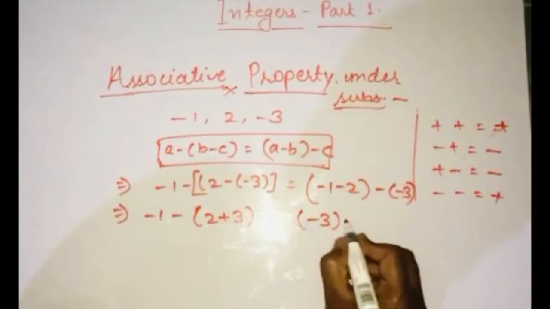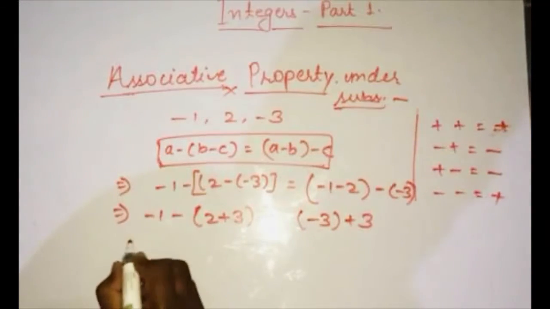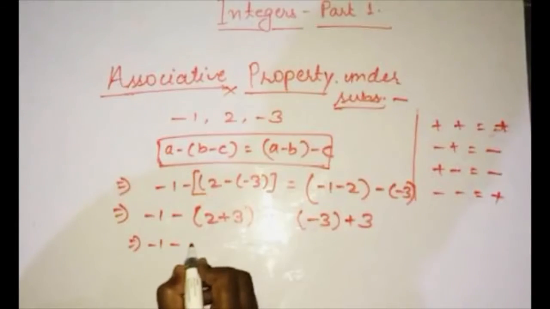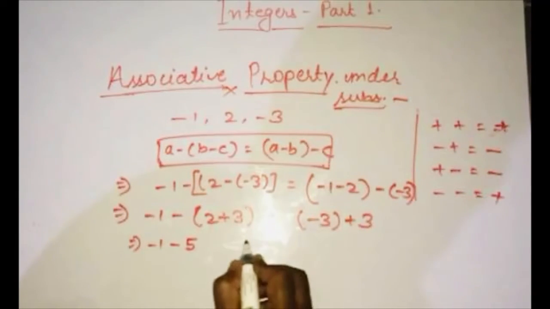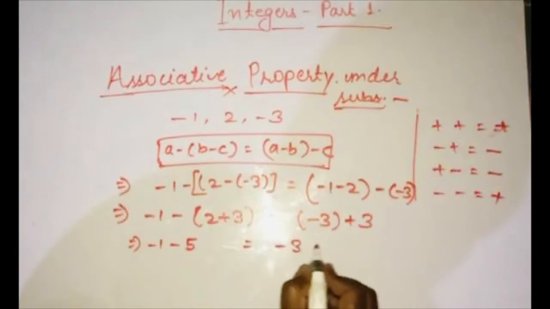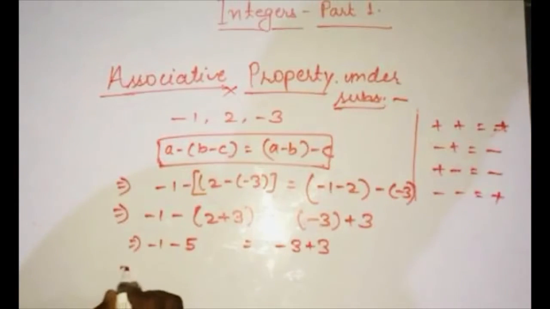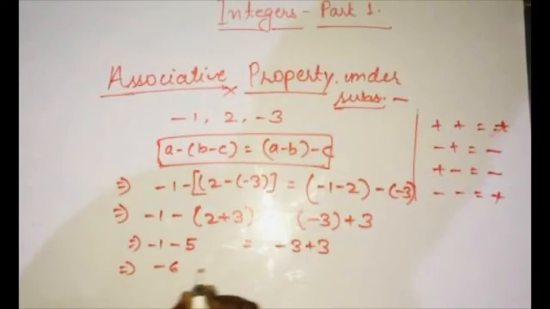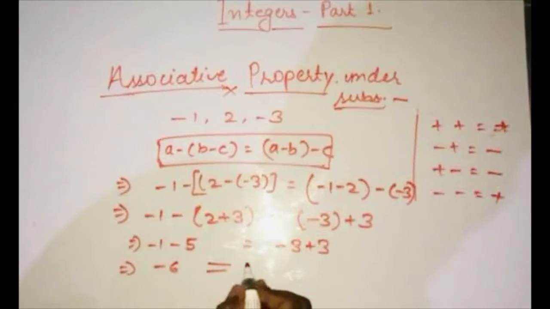So minus 1 minus 2 plus 3 is minus 1 minus 5, which is minus 6, and minus 3 plus 3 is 0. Not equal.